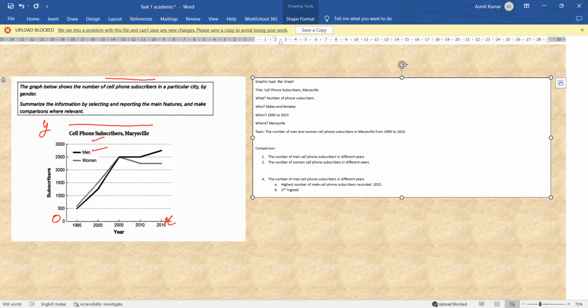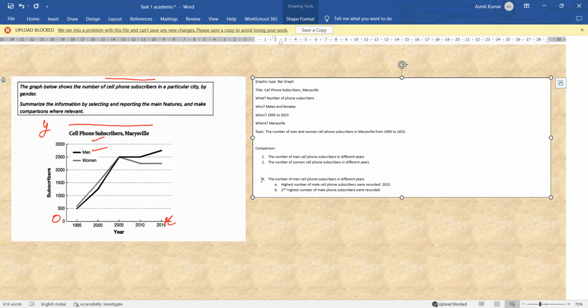So second highest number of cell phone subscribers were recorded in what is the year?